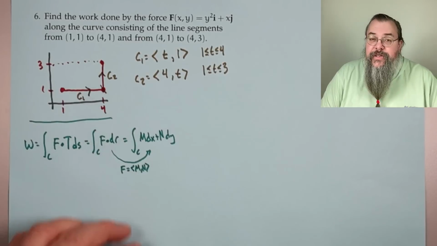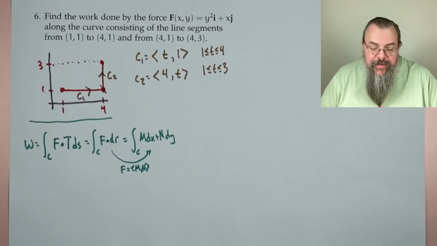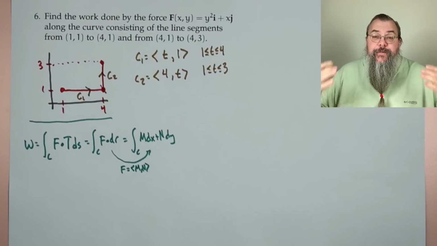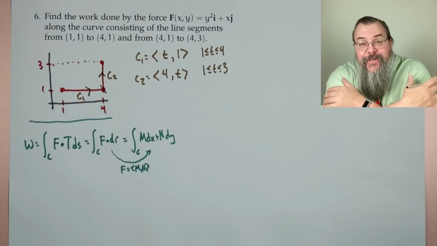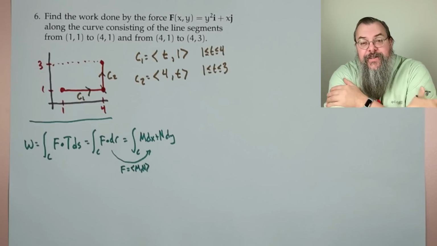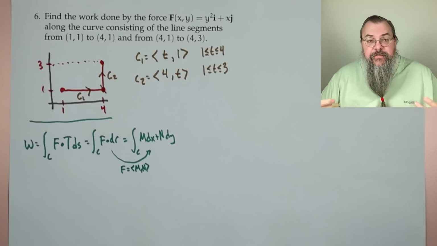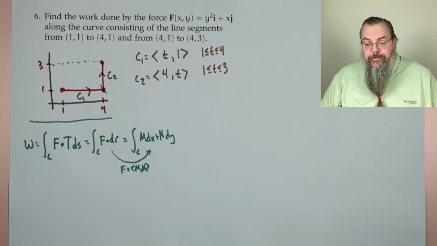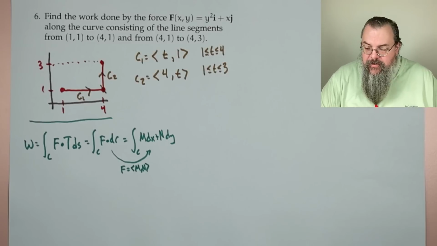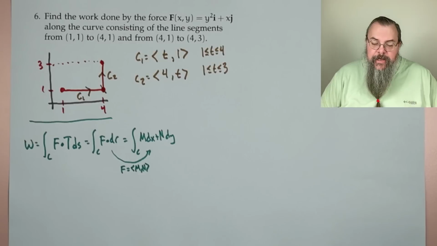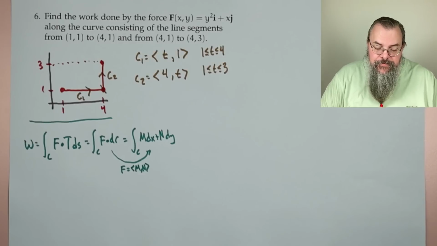So there is an orientation. Respect the orientation, but also remember, we love ourselves. We want to be good to ourselves. And so we're going to give ourselves the simplest parameterizations that work. All right, so now let's work through these.